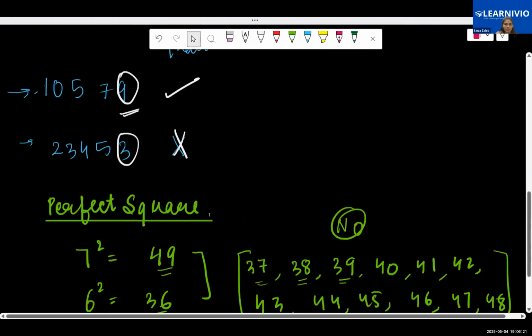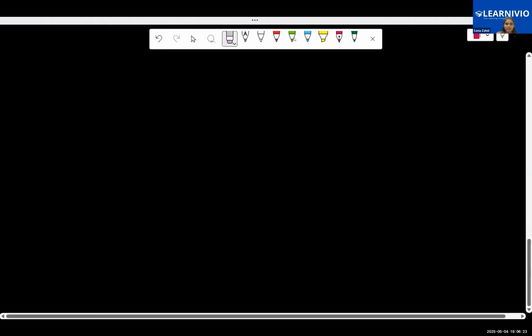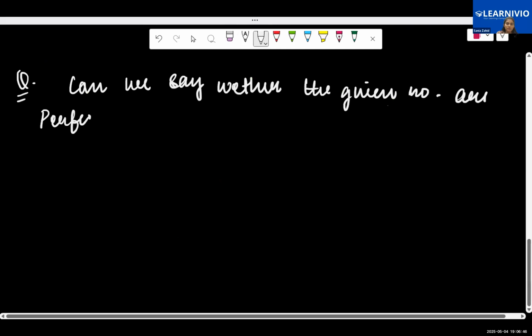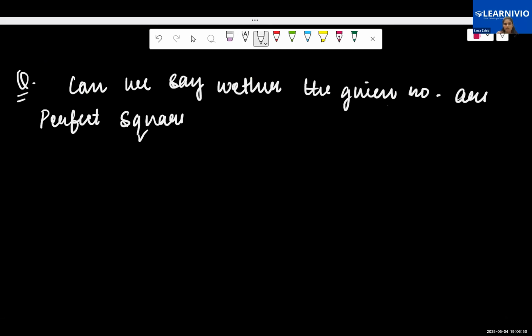So if I have a question which says, can we say whether the given numbers are perfect square or not?